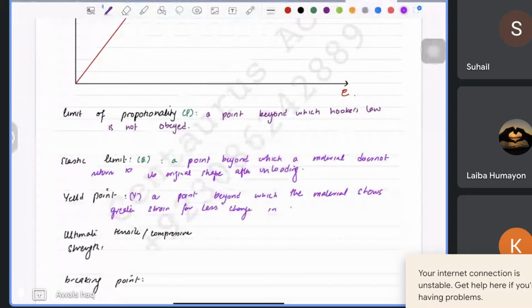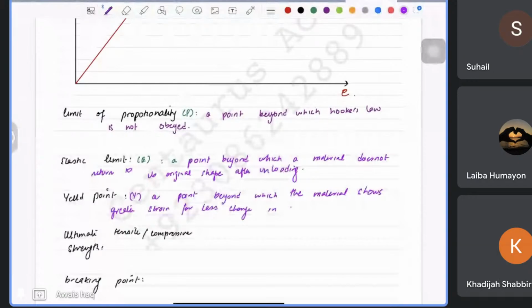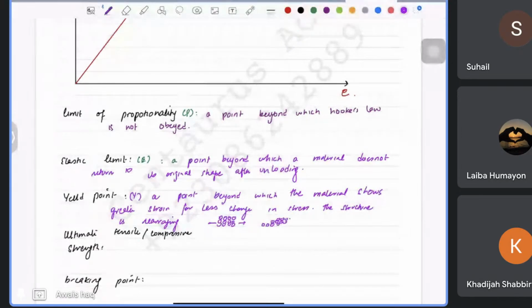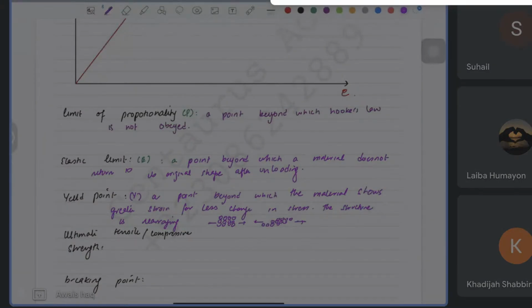So we can say that the structure is rearranging. Basically what happens is, initially the material looks like this, and when you pull it, it just stays like this, but after yield point the material keeps on slipping like this. So the structure is changing. That's why it's showing you more change in length but less load taken or force taken.